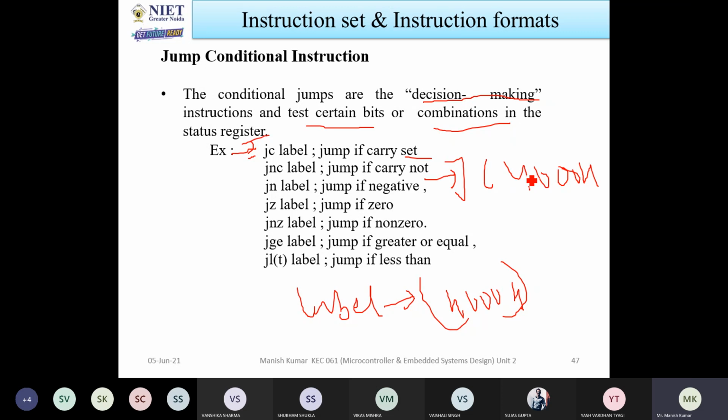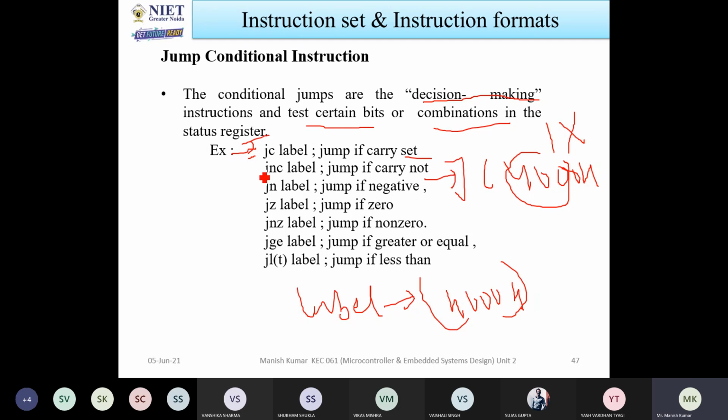In the status register, what is the state of the carry flag? If carry flag equals 1, then it will jump to this location. Otherwise, it will not jump. It means that whenever the condition is true, it will jump. Whenever the condition is false, it will not jump.